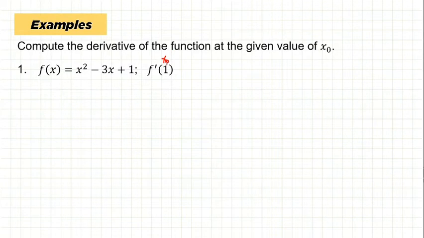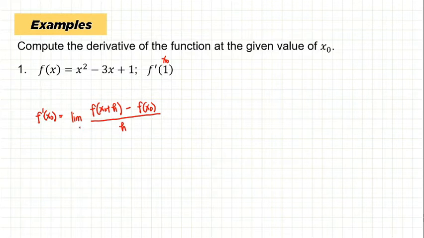Now, we will apply the alternative definition, which is given by f prime of x sub o equal to the limit of f of x sub o plus h minus f of x sub o all over h as h approaches 0.